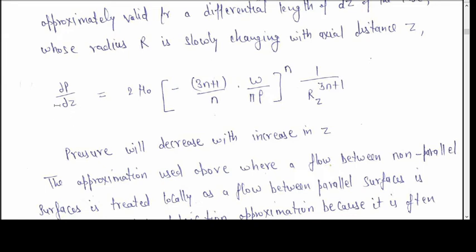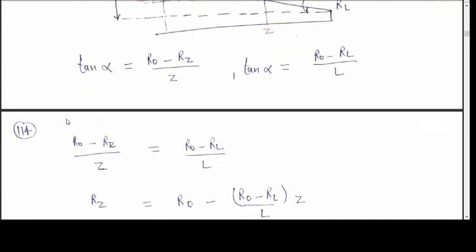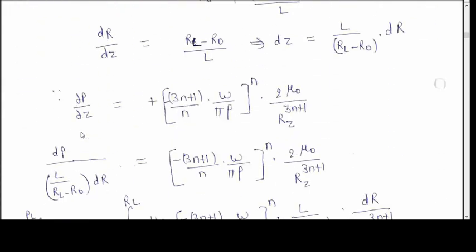So here we substitute in the pressure equation, the pressure gradient del P upon del z equal to minus (3n plus 1) upon n, into (W upon pi rho) to the power n, 2 mu naught, rz to the power 3n plus 1.